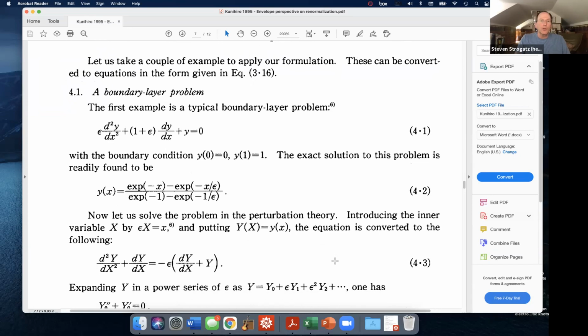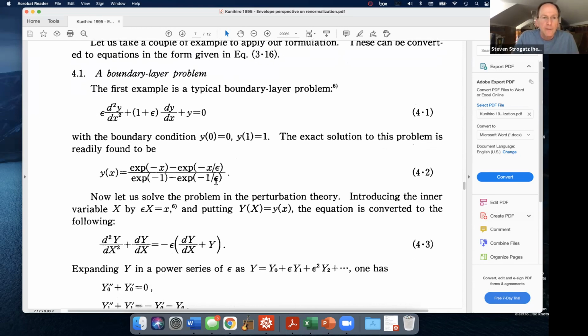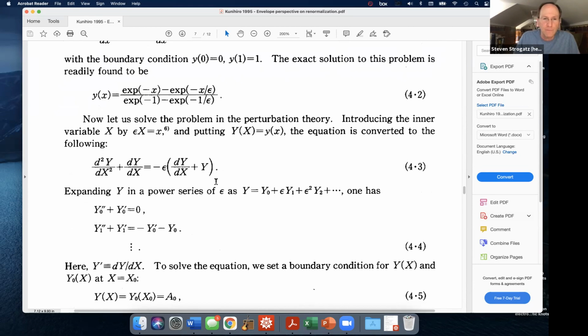So he begins, here's the problem that we wrote down. And he's got some boundary conditions. He points out the exact solution that we talked about a minute ago. He sets up the inner equation, just as we did, expands in the power series, and starts generating that sequence of equations.